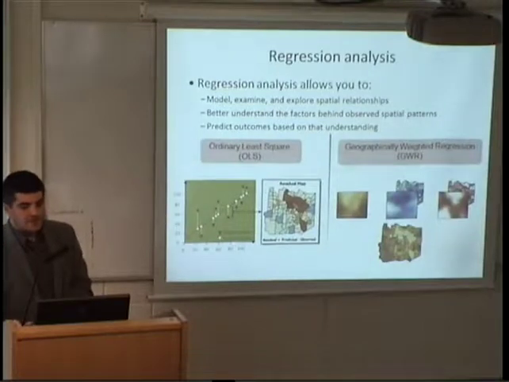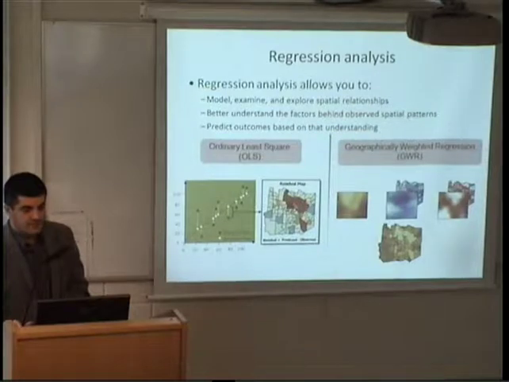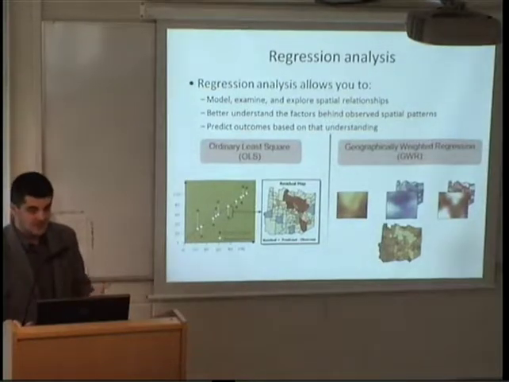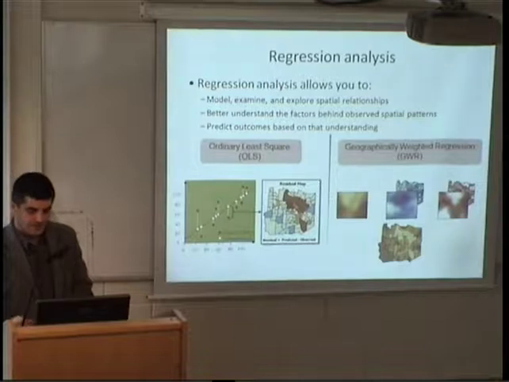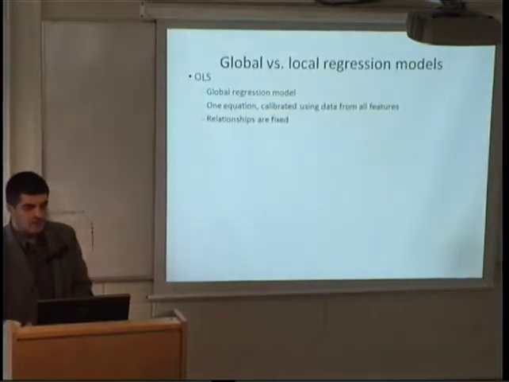But in ArcGIS, you have two different versions of regression analysis. The first one is ordinary least squares regression, which is the general regression you all know. The second and unique one is geographically weighted regression. So what is the difference? For ordinary least squares regression, you have a global regression model: one equation calibrated using data from all features.